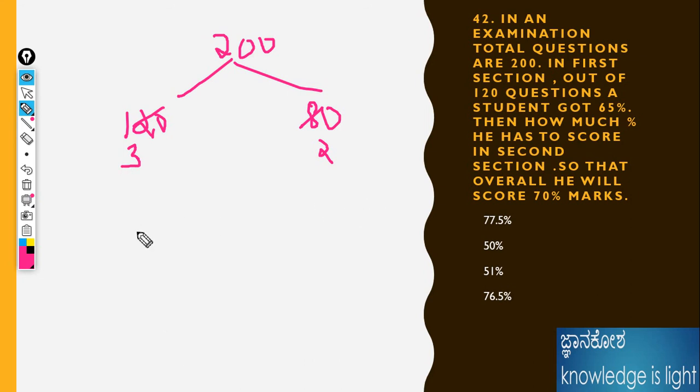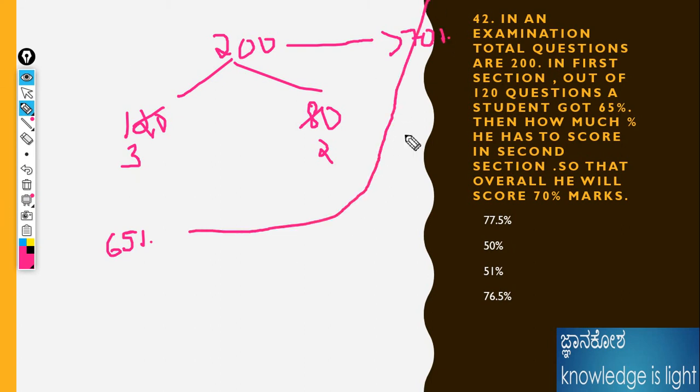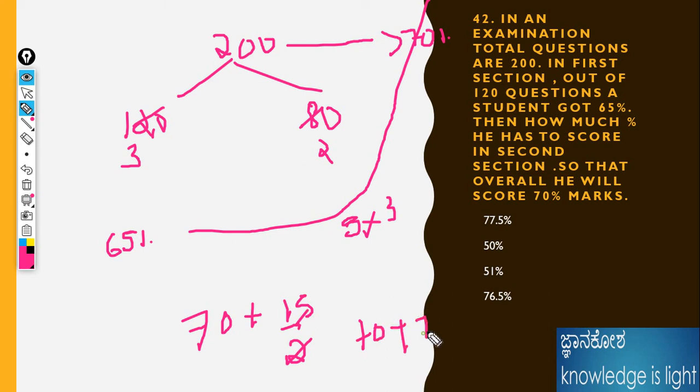Then in the first section 65%, overall percentage 70%, isn't it? What is the difference between these? 5 into 3, that means the difference is 5 plus 3, 15. The first 70 plus 15 divided by 2. That means 70 plus 15 by 2 is 7.5. So our answer is 77.5.